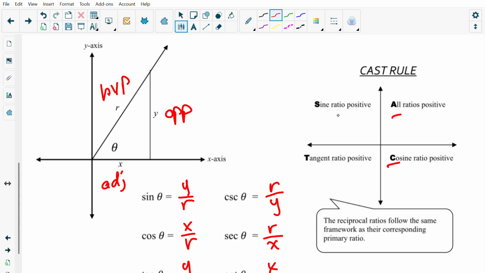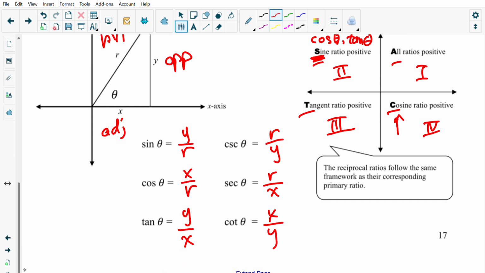Cosine ratio is positive in quadrant 4. All ratios are positive in quadrant 1. Sine ratio is positive in quadrant 2. Tangent ratio is positive in quadrant 3. What this means is that if the sine ratio is positive in quadrant 2, then the cosine and the tangent ratios are negative in quadrant 2, and likewise for the other quadrants as well.